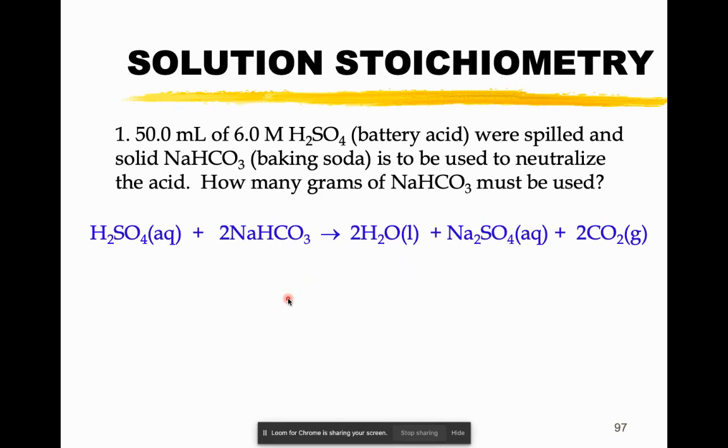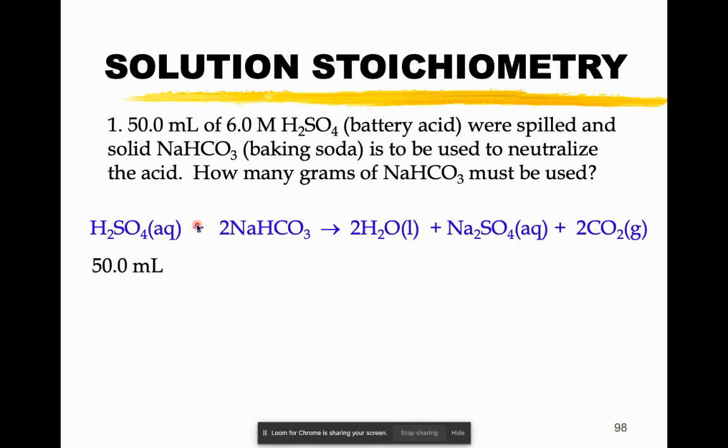Please take note that our substances of interest are the baking soda, which is sodium bicarbonate, NaHCO3, and sulfuric acid, H2SO4. What we have in our given is the volume of sulfuric acid, which is 50 mL, and the molarity or concentration of sulfuric acid, which is 6.0.